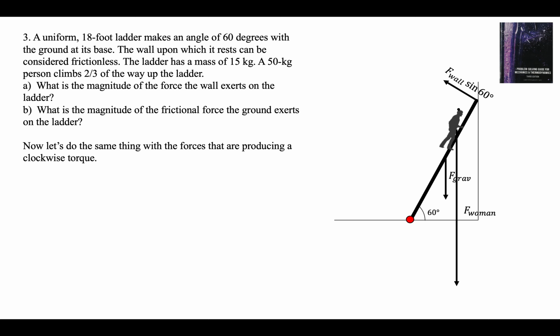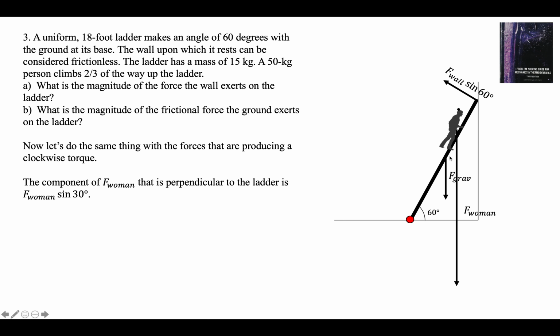Now let's do the same thing to the forces that are producing the clockwise torque. F woman is down this way. For the perpendicular component, we go away from the ladder until we reach the tip. That's the opposite side of 30 degrees.